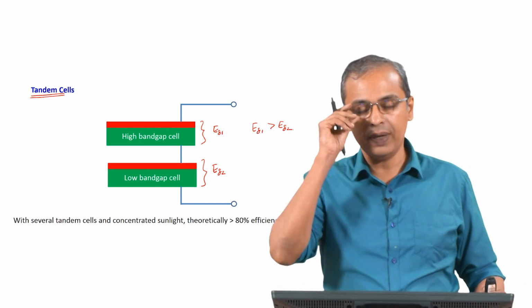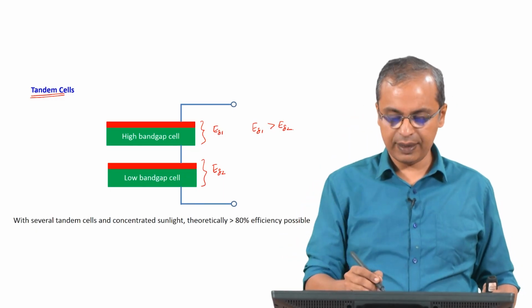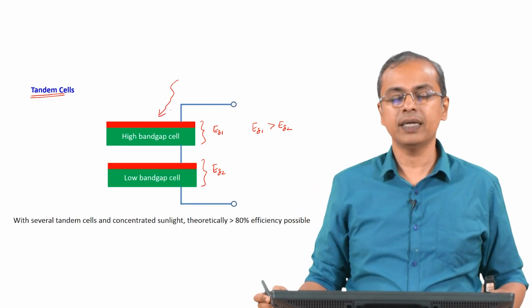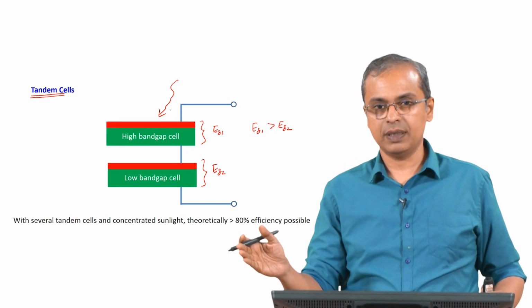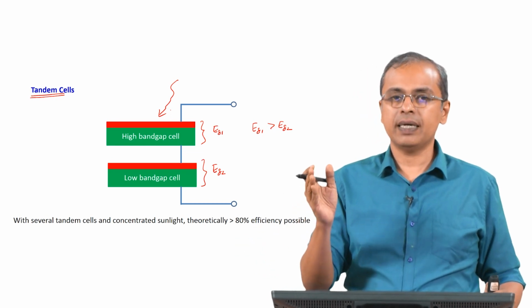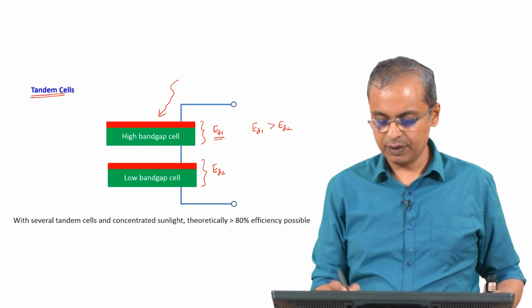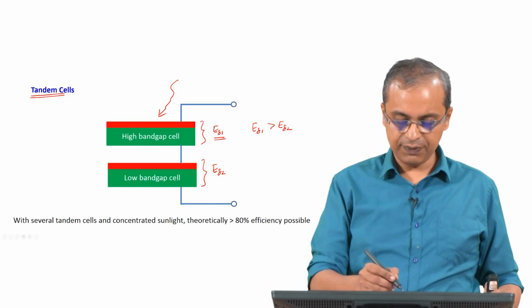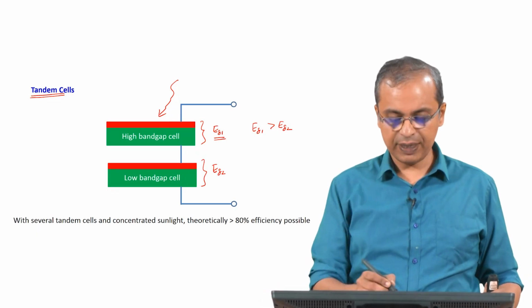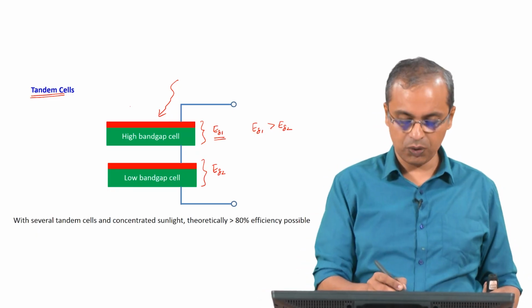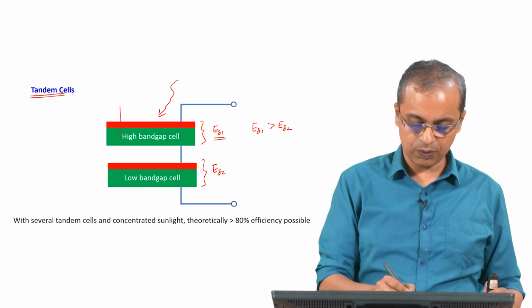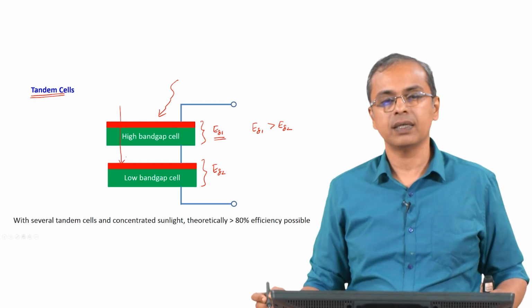So, what happens, you have solar radiation coming in which has a range of frequencies. So, if the frequency is less than that required to be captured by the first material, that frequency will go through. So, the lower energy photons will go straight through and arrive at the lower material.